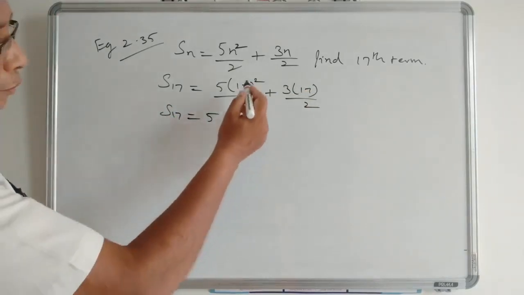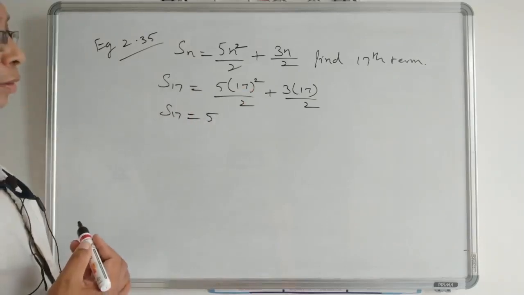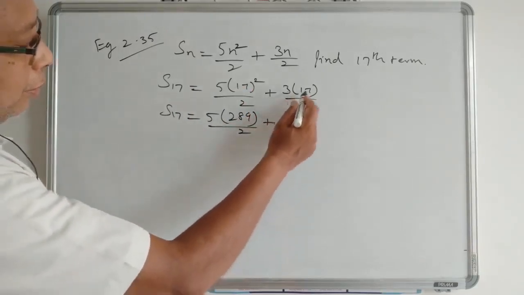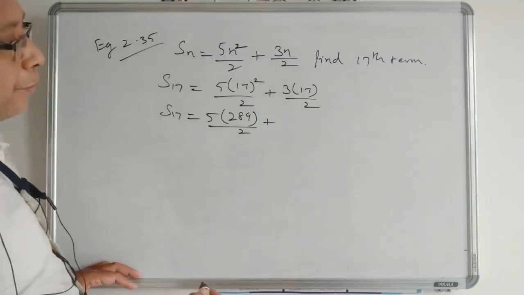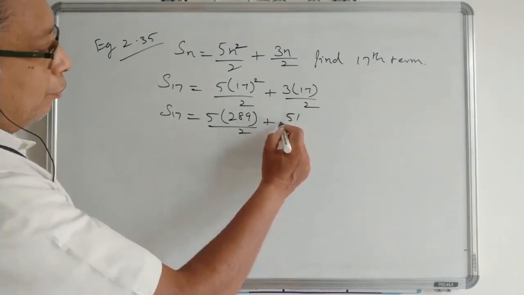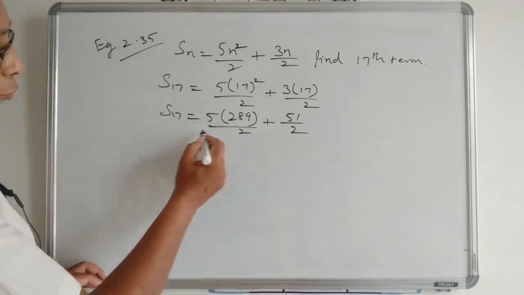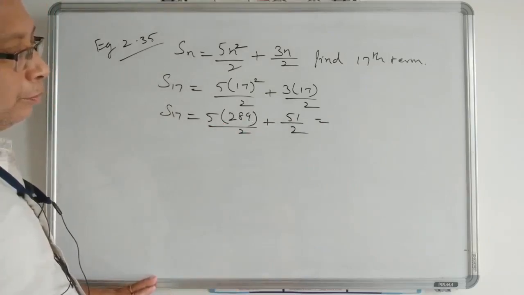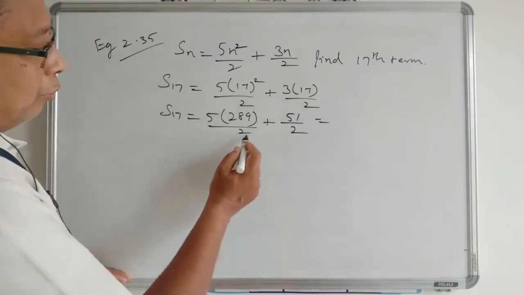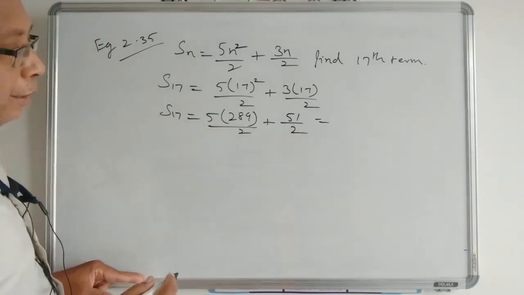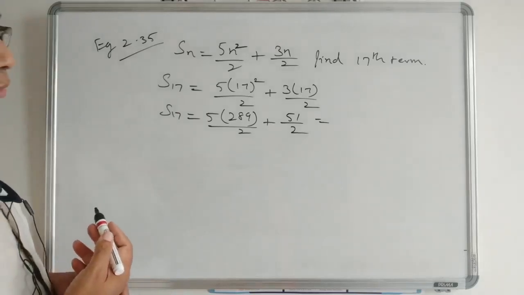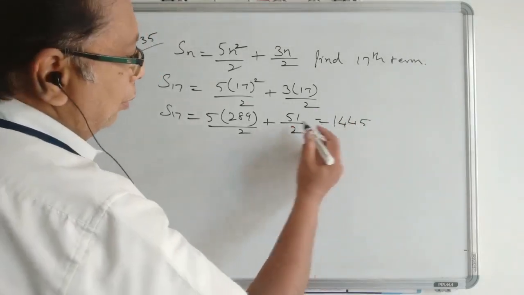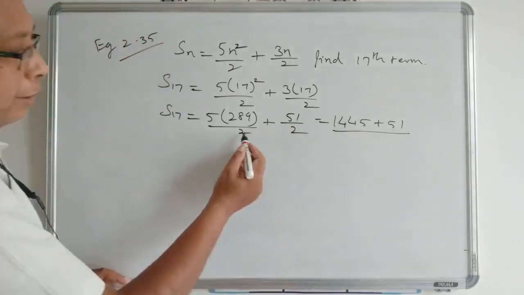Next, S17 equals 5 into 17 squared, which is 289, divided by 2, plus 3 into 17, which is 51, divided by 2. 5 into 289 is 1445, plus 51.